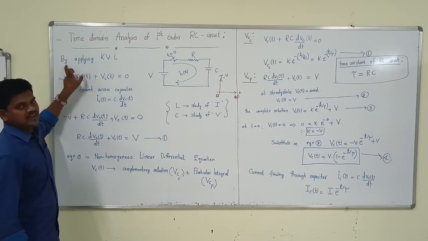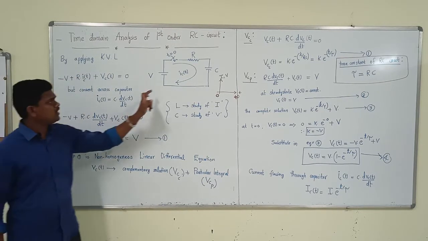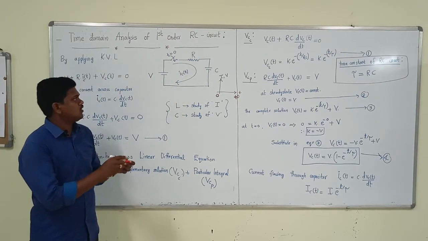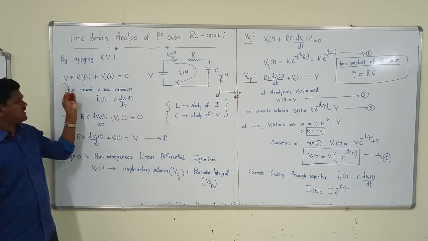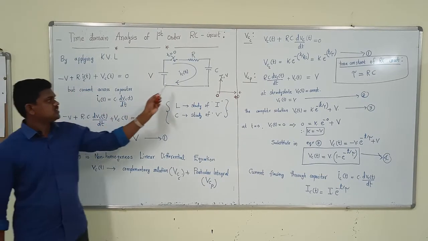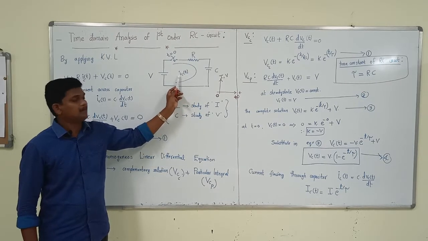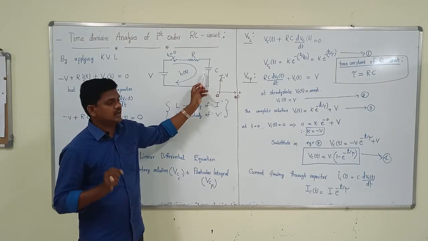In order to get this, just apply KVL. KVL means in a loop all the voltages sum to 0. Then this is the source V minus the drop, and here you can take i or ic of t. But we are analyzing the voltage across the capacitor and current through the capacitor.